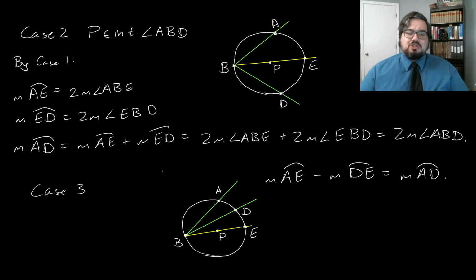So this relationship between the measure of an inscribed angle and the measure of the intercepted arc can be used in a number of different ways. One of the most fun is the following. Let's look at theorem 105.